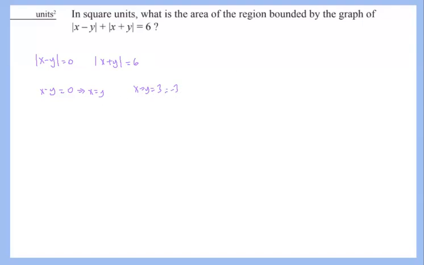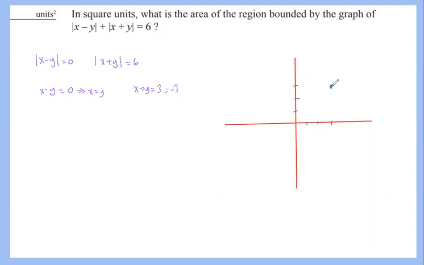So let me use this to graph my figure. I don't really know for now how it will look, but I do know at least some points. If I choose x and y to be 3, it will be something right there, 3, 3.